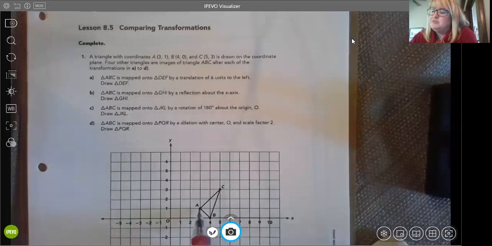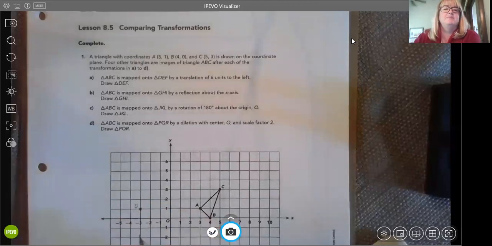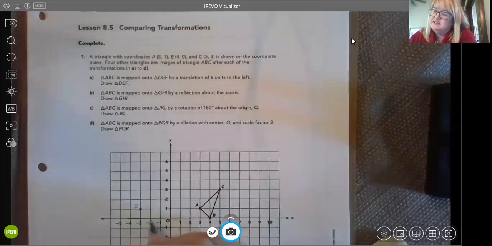So we're going to move each point 6 units: 2, 3, 4, 5, 6. Now instead of A prime, they tell us to call it D. A is now called D. B will be called E. 6 units to the left, that's 4, 5, 6.